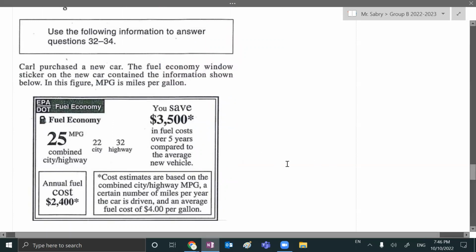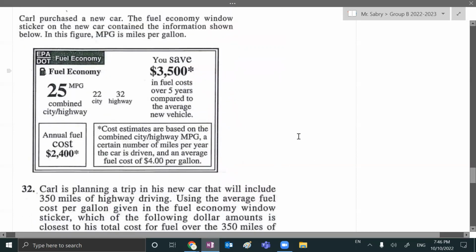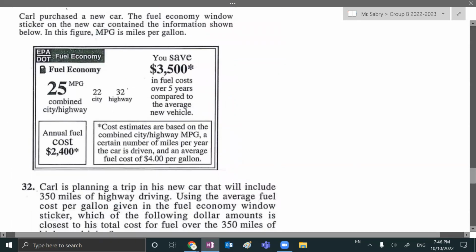So this is the one with too much information, and it says that he bought this car. You are told that this car is rated at 25 miles per gallon, so the consumption is 25 miles per gallon. On 1 gallon of gas, I can move 25 miles, and in the city it becomes 22, and on the highway it becomes 32 miles per gallon.